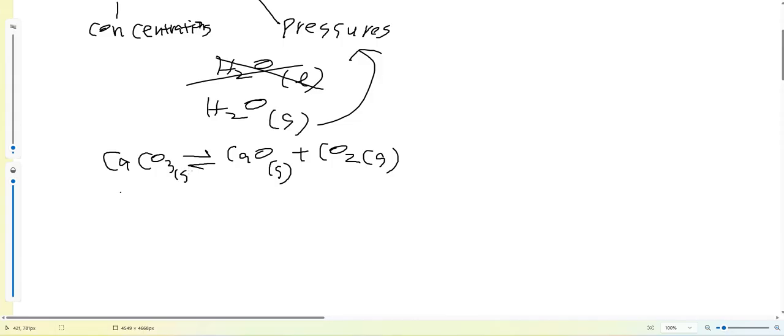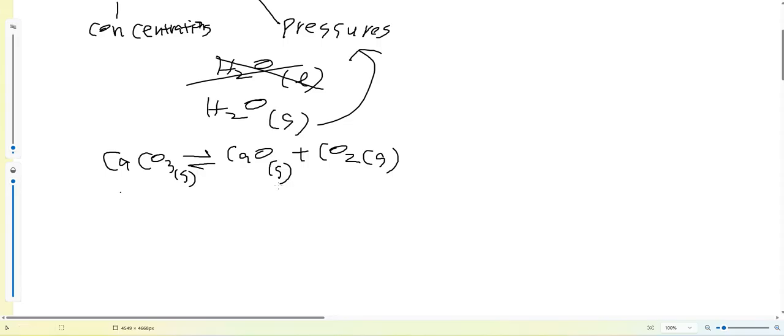Solid, solid, right? And so now, using our rule about K's, no solids are included. So that means calcium carbonate is not going to be in our K equation, and calcium oxide is not going to be in our K equation, which means that carbon dioxide is the only thing that's going to be in our K equation.